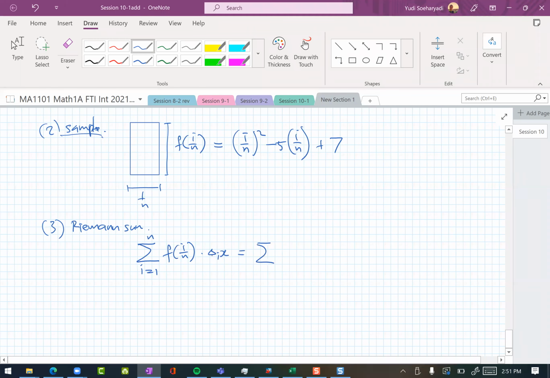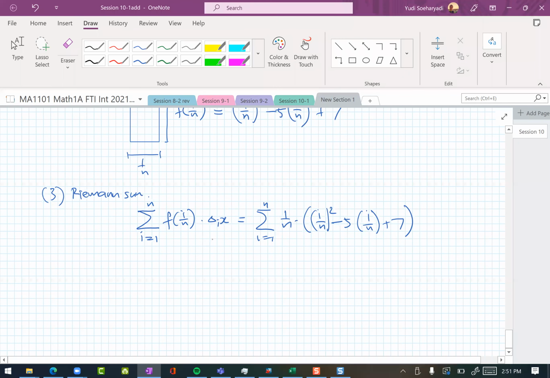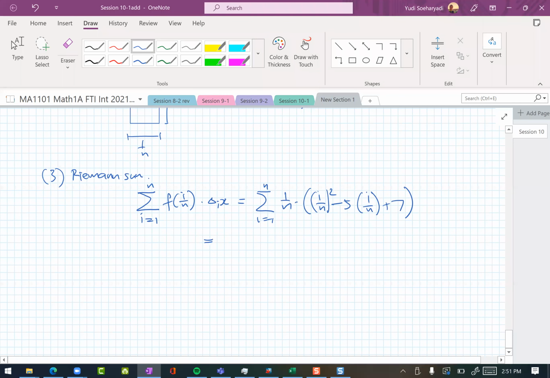So this gives you 1 over n times, okay, because we have the formulas of that sigma notations. Okay, so we take this one out. Okay, and all right, look at this one.